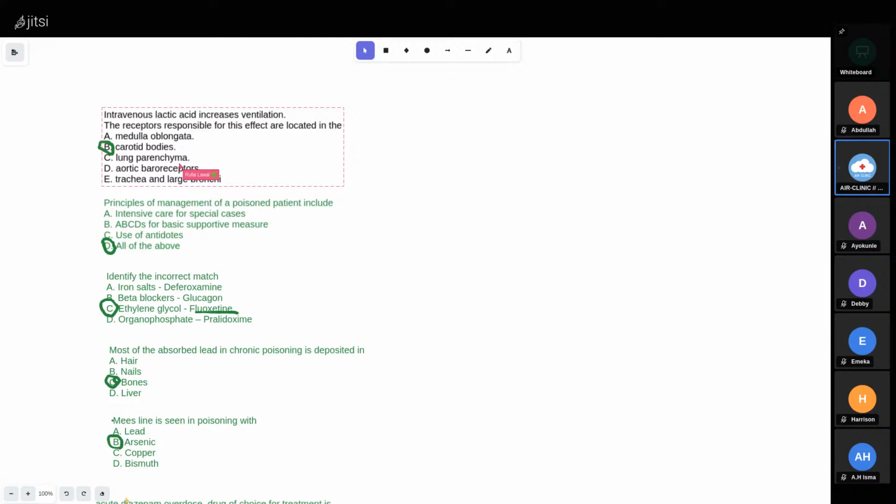If it's obstructive, you expect this ratio to be on the low side. Normal, you expect for normal individuals 70 to 80%. So if you get something that is less than 60% or 70%, you consider it an obstructive lung disease.